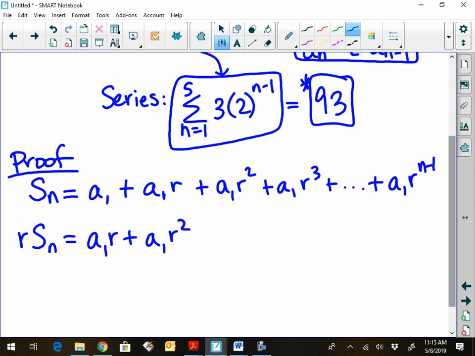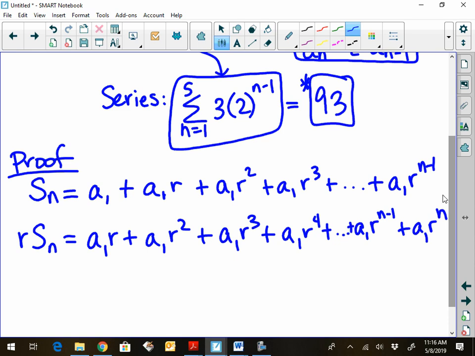I'm just multiplying it by r, plus a sub 1 times r cubed, plus a sub 1 times r to the 4, plus, and then I would have a sub 1 times r to the n minus 1, and I'd also have a sub 1 r to the n, right? Notice how this was n minus 1, so if I multiply it by r, I would get to r to the n, because this was the one right before it, this is the last one.